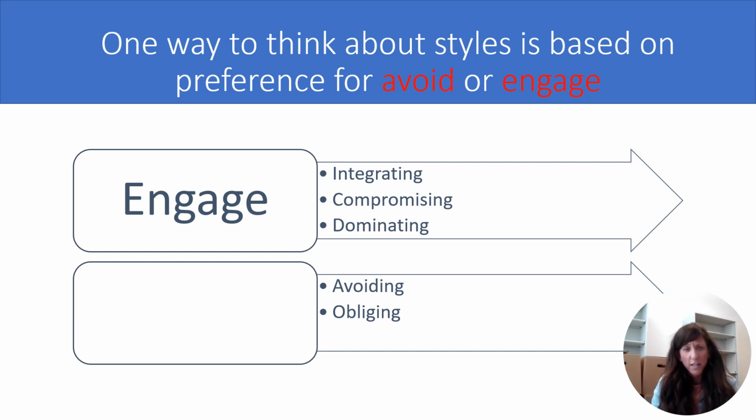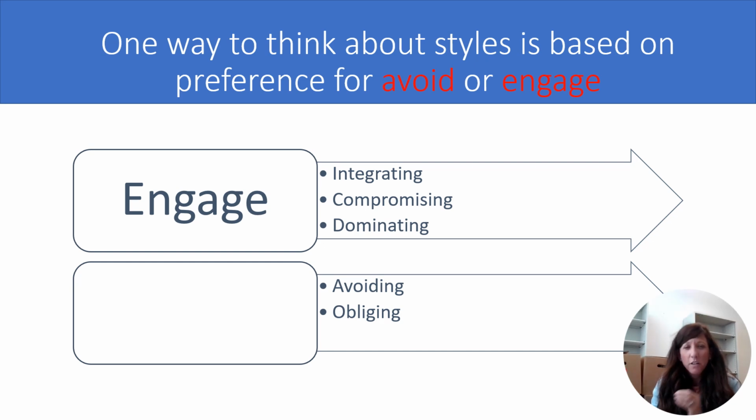So this graphic is trying to point out, as your textbook does, that maybe another way to think about the different styles is to compare them in terms of one's preference for engaging in conflict or trying to avoid a conflict. Right? And looking at my slide here, I realize that I have the word engage written, but down below that blank square should say avoid.